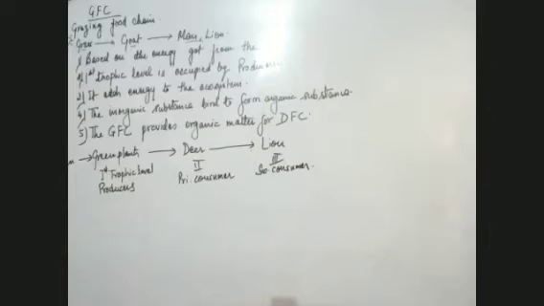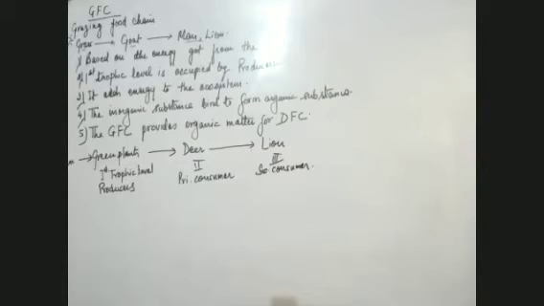Then the fourth point is that inorganic substances bind to form organic substances. Now, see, the green plants are producers. How do they produce food? How do they synthesize food? They synthesize food by utilizing various inorganic components which are present in the soil, in the water, and in the air, as well as the solar energy.